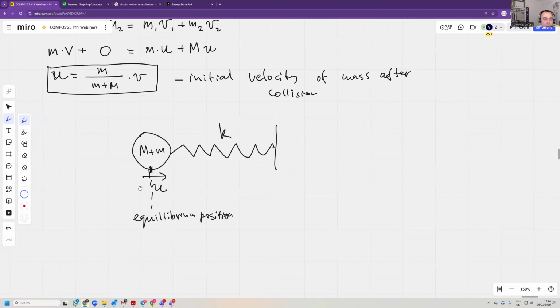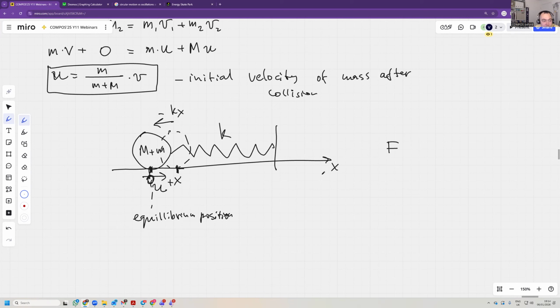Right. So for a mass spring system, if you move the mass by a distance x, so if this is the x-axis, this is 0, and this is plus x, the force that will result would be minus kx.